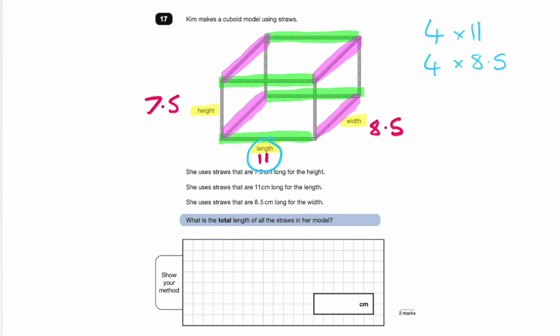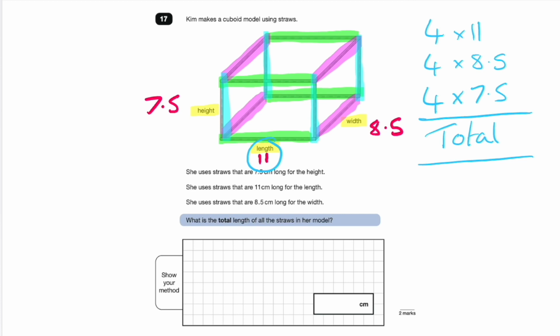And then let's have a look at the heights. I have 1, 2, 3, and 4 heights. So I would have another 4 times 7.5 this time. And then when I add all of those together, I should get my total. So let's do that right now. And I'm going to try and do this in my head. 4 times 11 is 44. 4 times 8.5, well, I'm going to do 4 times 8. 4 times 8 is 32.